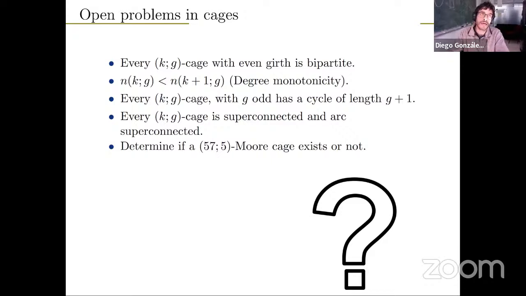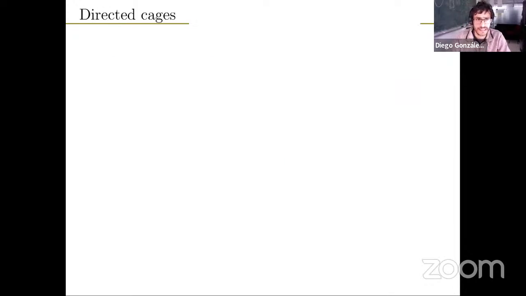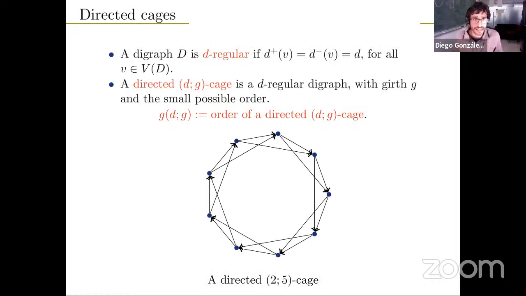So I want to talk about cages and some generalizations of cages. One natural question is: what happens in the directed case? What happens with directed cages? Some definitions for directed graphs: a digraph D is said to be D-regular if the out degree and the in degree of every vertex are equal to D. The girth of a digraph is, as in graphs, the length of a shortest directed cycle of the digraph.